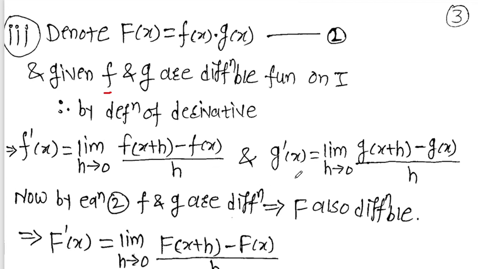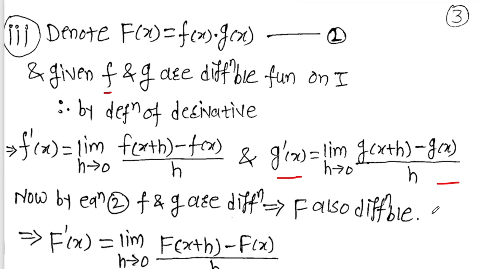And for the function g(x), the derivative can be written as g'(x) equals limit h tends to 0, (g(x+h) − g(x))/h. Okay, so by using the simple definition of the derivative, we can write f'(x) in this way and g'(x) in this way.